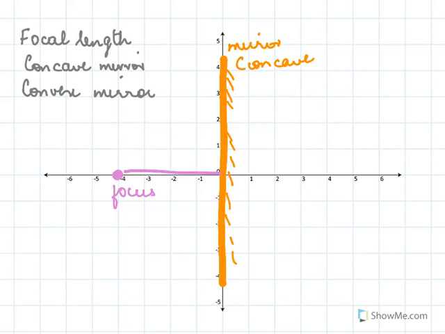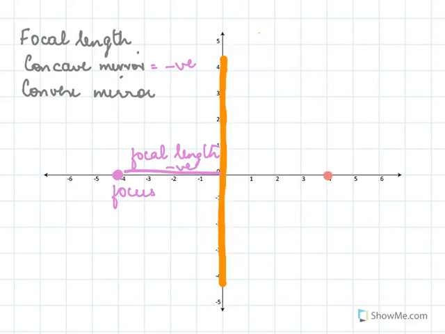From the pole, this would be your focal length, and you will definitely agree the focal length is negative. So for the concave mirror, focal length is negative. But when it comes to the convex mirror, we know the focus is virtual, it comes on this side, here. So the focal length will be measured in the positive part. So for the convex mirror, it will be positive.